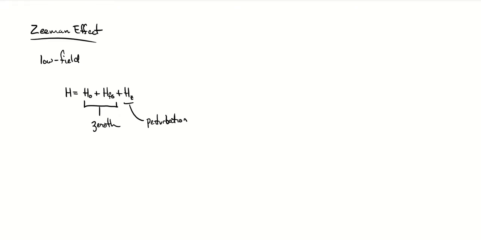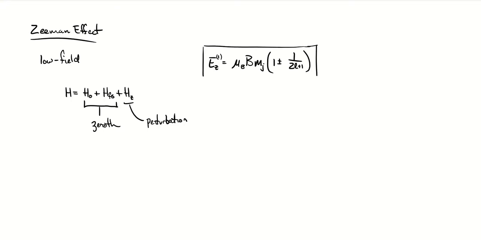What this all resulted in was that the corrections due to that Zeeman term to first order were just mu_B times the magnetic field strength times m_j times 1 plus or minus 1 over 2l plus 1. So we had determined how our energy levels changed, the corrections to those states, when the magnetic field was small, in that low field limit.